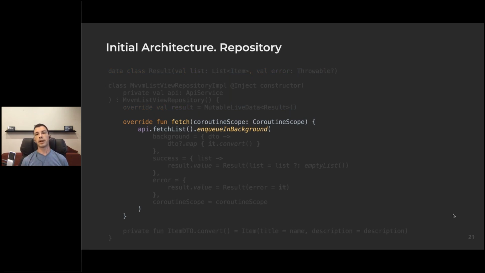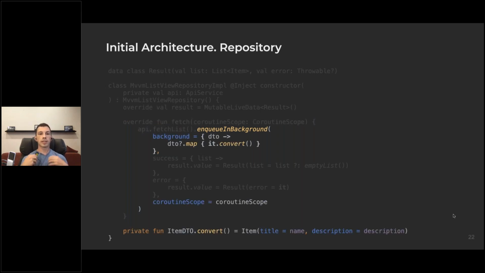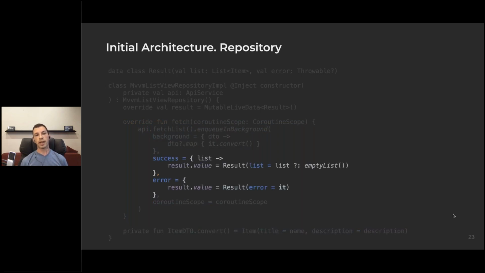We use Retrofit, and for the Retrofit call interface, we created our own extension to do something in the background, which provides a list of callbacks. Callbacks to do some stuff in the background using coroutines with a particular coroutine scope, and callbacks for success and error, the results of which we set to our LiveData.